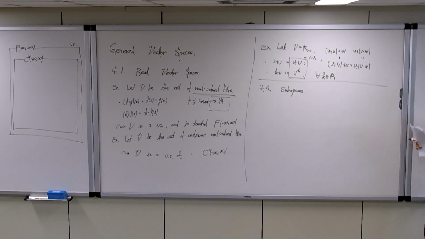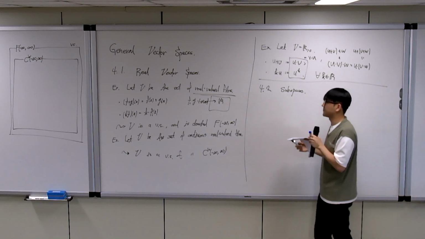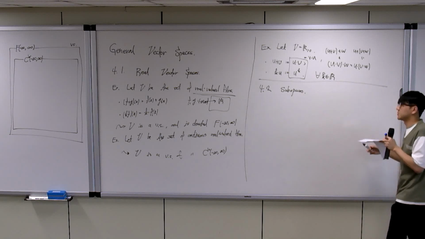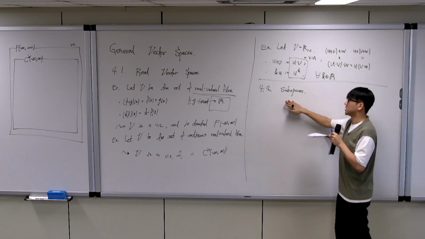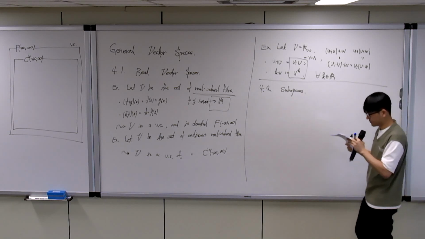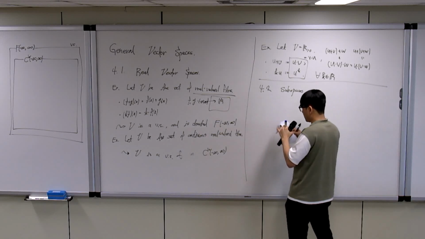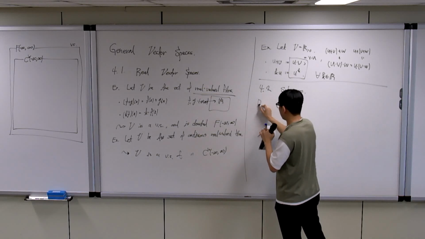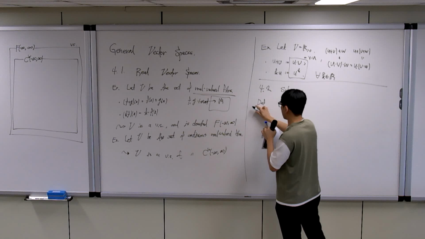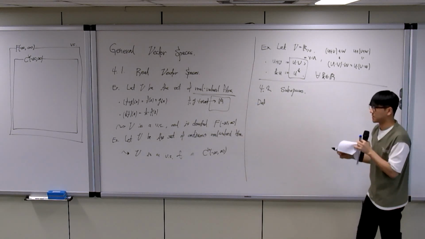Almost everything has satisfied the vector space axioms, so usually we just say it's a subspace. And then I think I have to give what a subspace is.